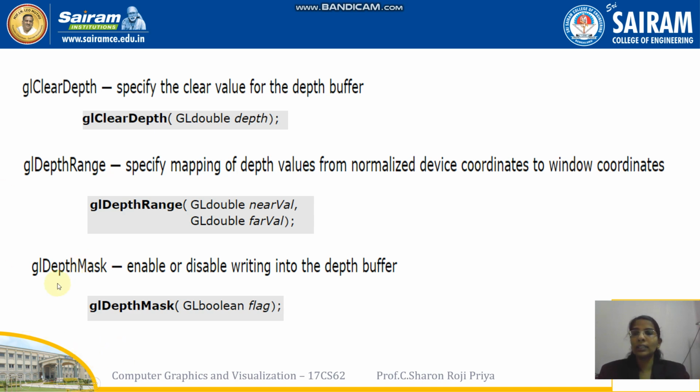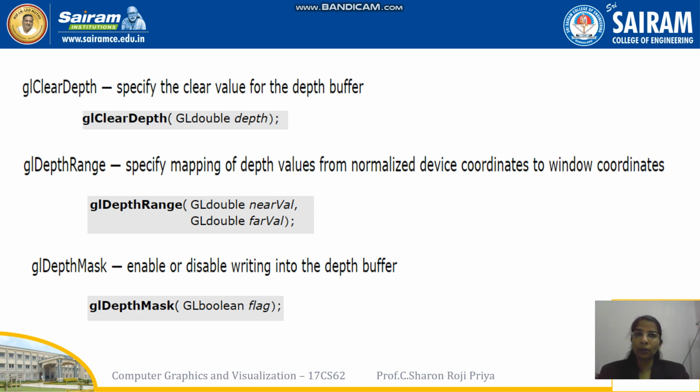Right. Next is glDepthMask. The parameter will be a flag. Either it will be true or false. If this flag value is set to 1, that is, if the flag value is true, I can read and write the depth buffer.